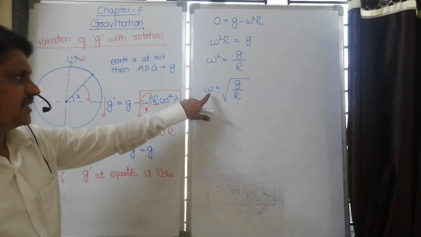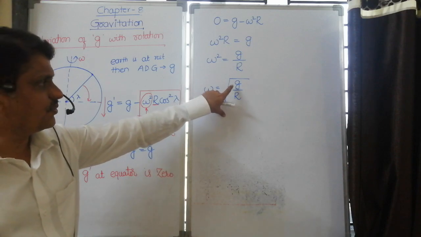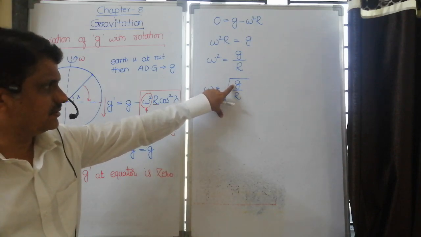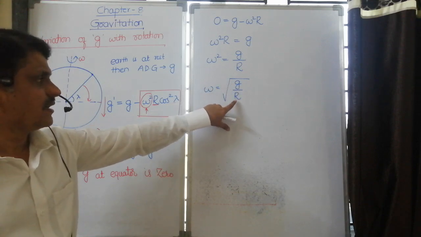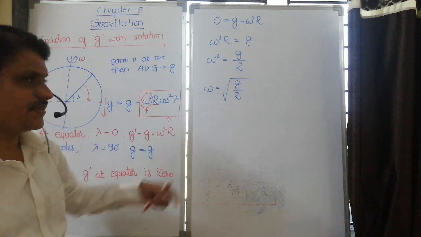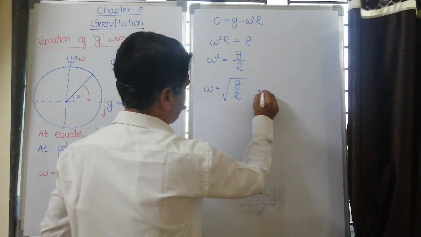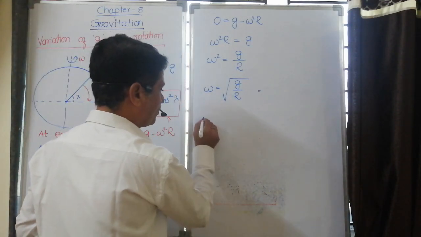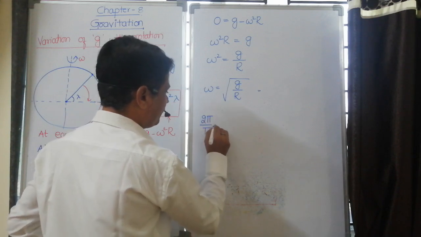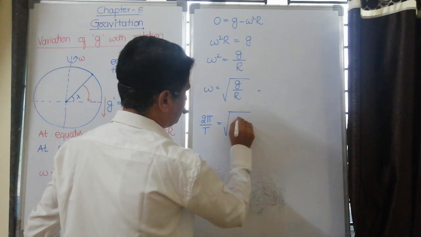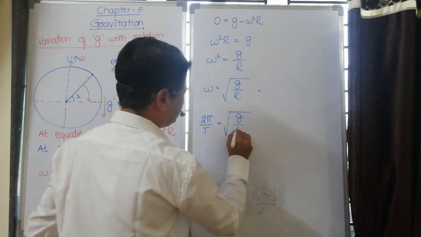To get omega, you know the value of g at the surface of the earth when it is at rest, and the r value. You can substitute and you will get the answer. Similarly, this omega can be written as 2 pi by T is equal to under root of g by r.